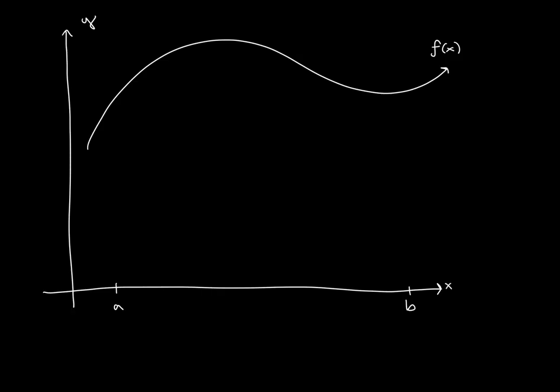So someone gives us a small positive number. We call this number epsilon, bigger than 0. Imagine that to be very small.